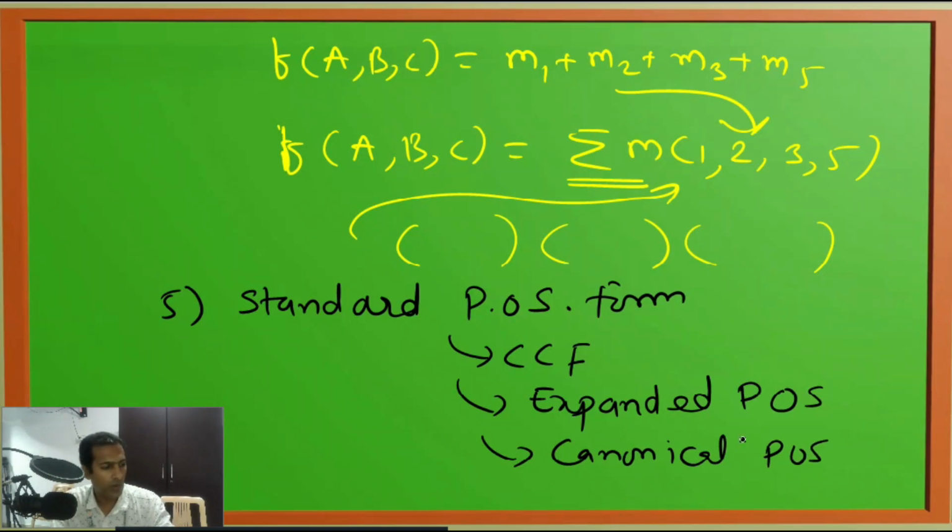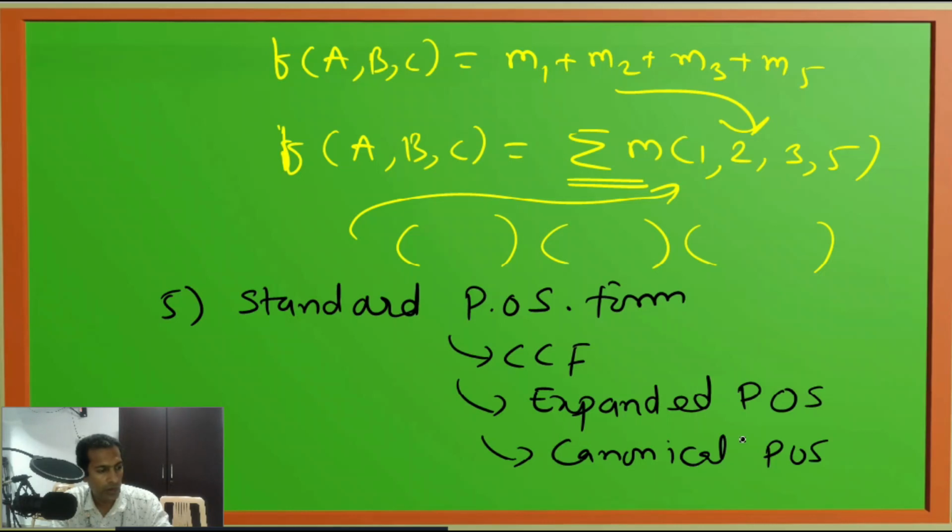Okay, so this is derived by considering the combinations for which f is equal to 0. Each term is a sum of all the variables. A variable appears in uncomplemented form if it has a value of 0 in the combination, and it appears in complemented form if it has a value of 1 in the combination.